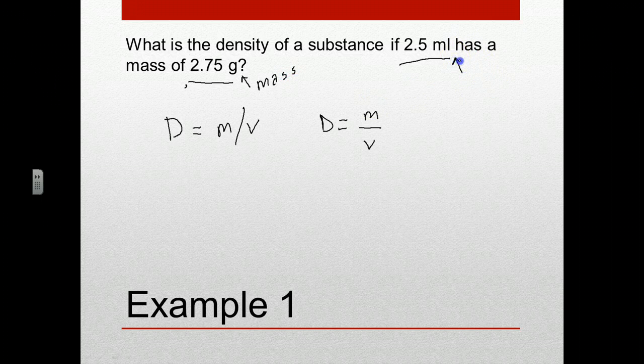Your milliliters gives you a volume. So those are the two numbers you're going to put in here. So you have density equals 2.75 grams divided by 2.5 milliliters. Then you're going to get out your calculator and do that calculation.